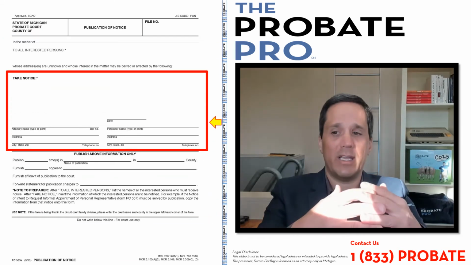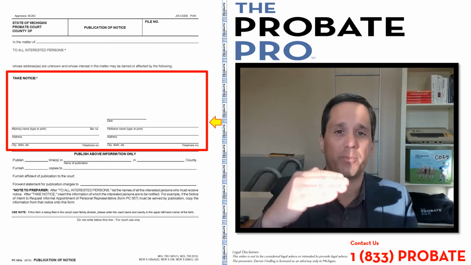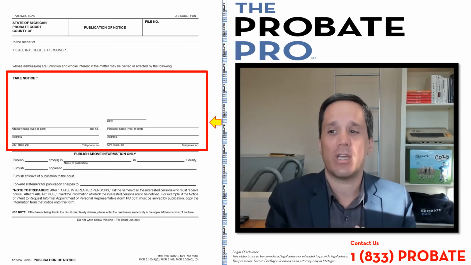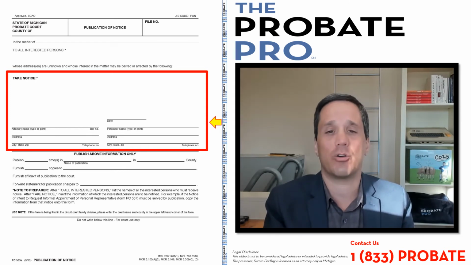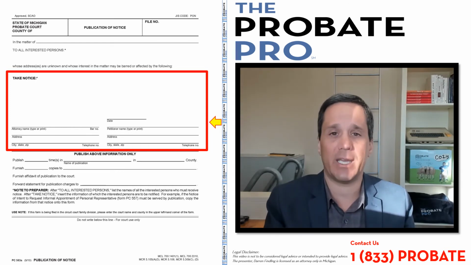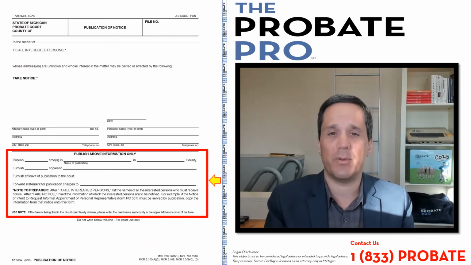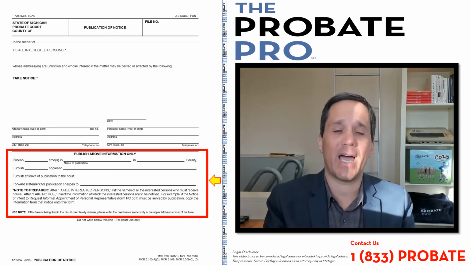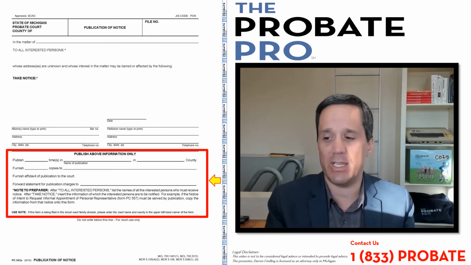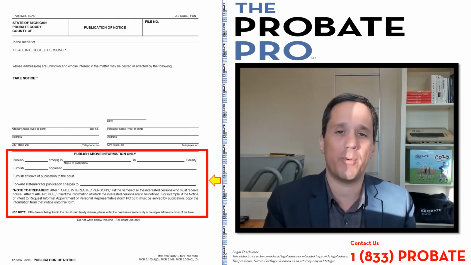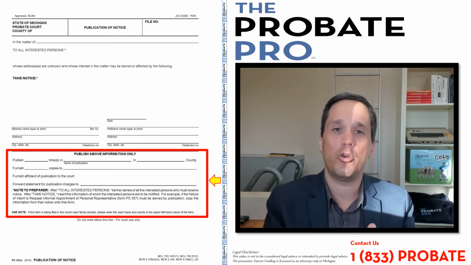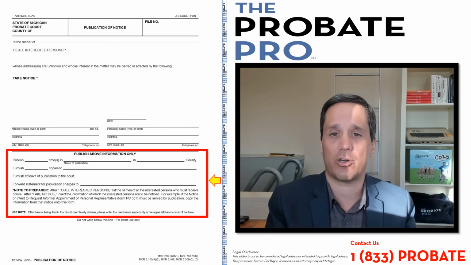The next part is what we just referenced: all the interested persons and those whose whereabouts can't be identified, as well as the petitioner's name and, if there's an attorney involved in the proceeding, the attorney's name. The section below says how many times that matter is going to be published in the legal news, and again, the specific legal publication that has circulation within the county that would best afford the individual notice that that matter is occurring.